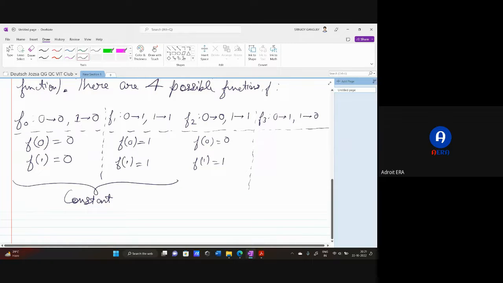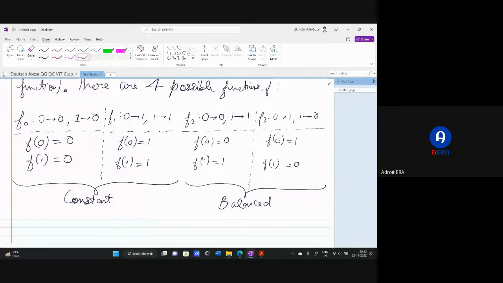And soon we are going to also write the XOR condition for this. Next we are going to write the XOR condition. And here we have f of 1 is equal to 0, and this is balanced function. So whatever unknown function is encoded by Uf, that unitary, if it satisfies one of these four parameters, then we are able to say whether it is a constant or a balanced.